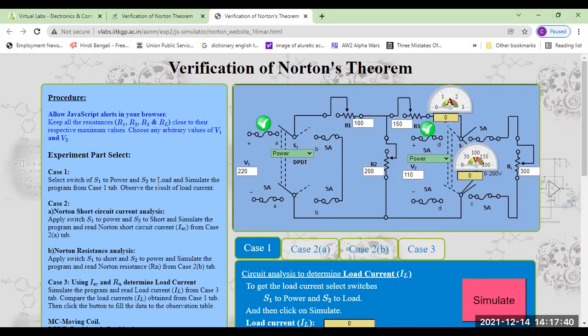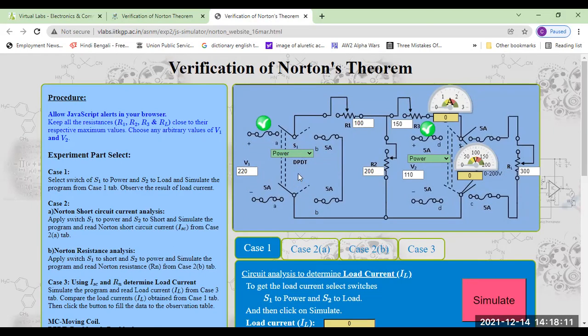First, how could we do this? Look here, you can see this circuit, just like in your previous circuit. This is the load resistance RL here at the right side of the circuit, and here is the 220 volt source, but it is a DC source. You can see the positive sign and the negative sign.